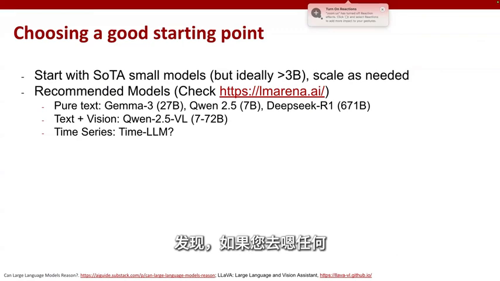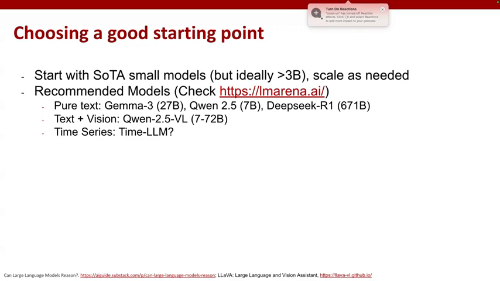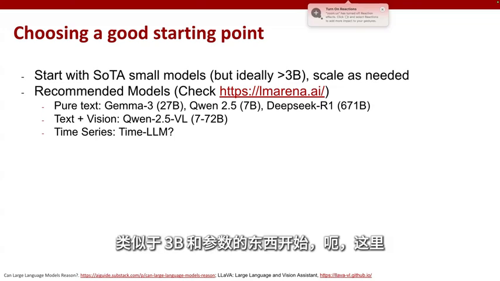People have found that if you go smaller than 3 billion parameters, the performance will decrease pretty quickly, and you will not see the performance gain even after you fine-tune the model. So start with something that's at least 3 billion parameters.